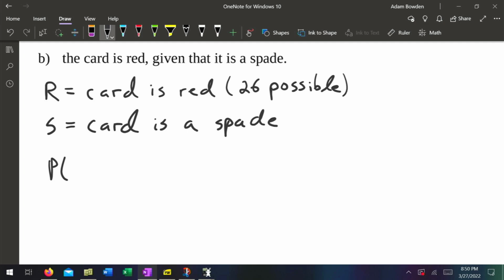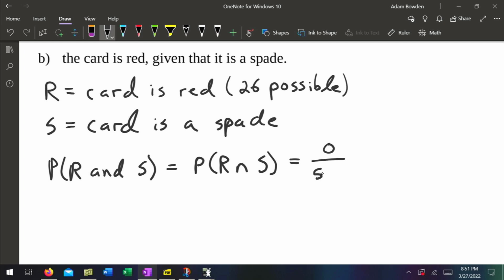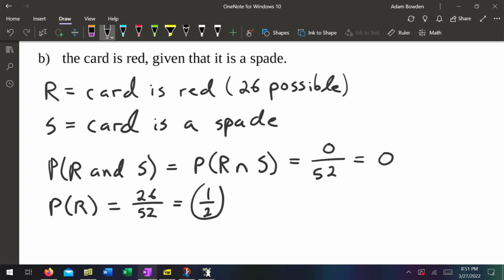And the probability of them both happening together, the probability of R intersection with S: there are 0 red cards that are spades, 0 out of 52, so the probability of the intersection is 0. And the probability that it's a red card is 26 out of 52, or 1/2.